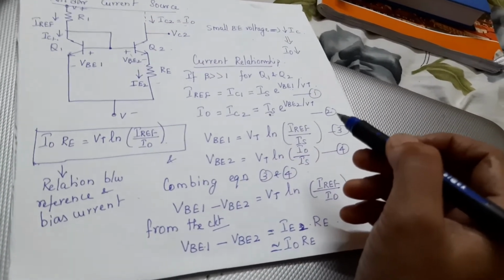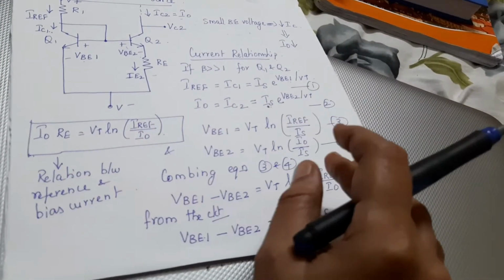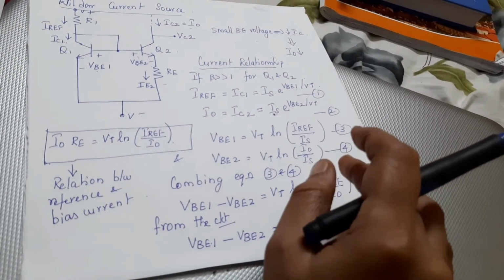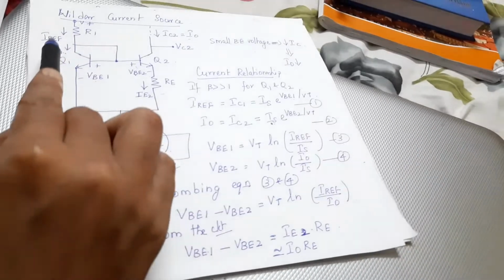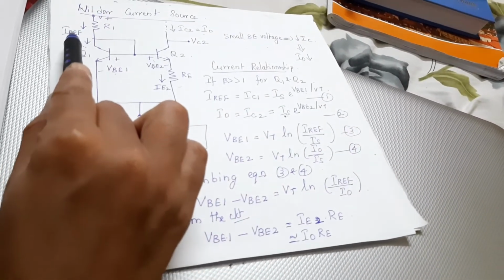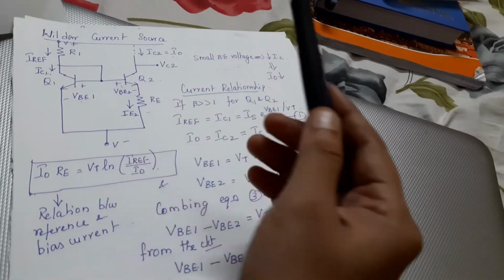So these points are very important in this Widlar current source. Still, we have to find the output resistance for this Widlar current source. So far we have found our I reference and how we relate it to the bias current, or the output current. Now we'll see what our output resistance is.